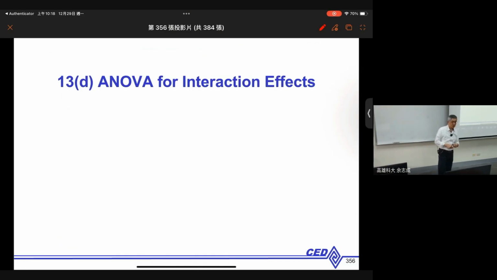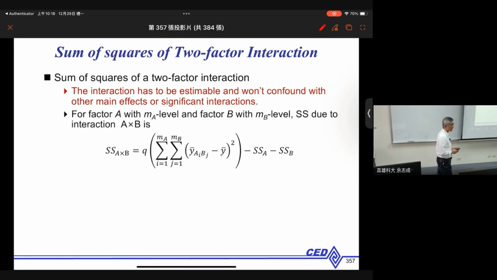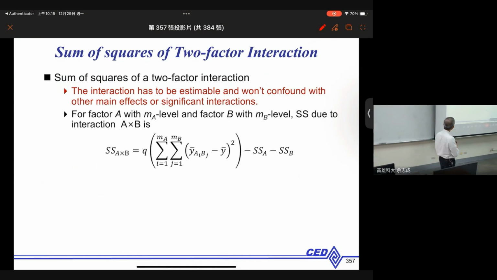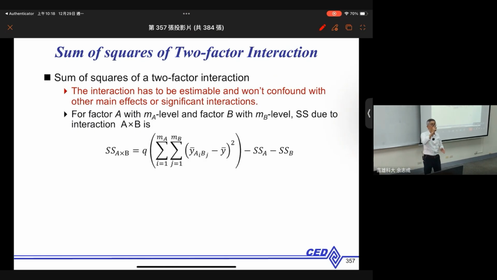And now we want to show you how to calculate the sum square due to interaction. First we need to find out what is the degree of freedom for interactions. As I mentioned, the degree of freedom for two factors interaction will be the level minus 1 for each factor, and then multiply these two factors. N minus 1 multiplied by N minus 1, right?